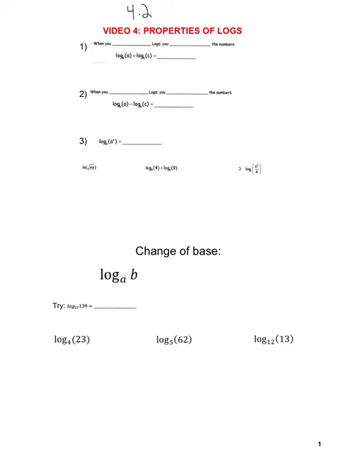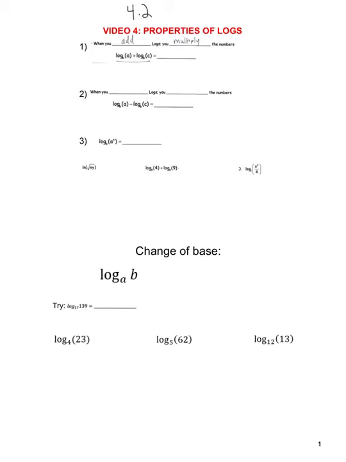All right, and what this is going to say is if we are adding two logarithms, like we're doing here, what we can do is multiply the numbers inside of them.